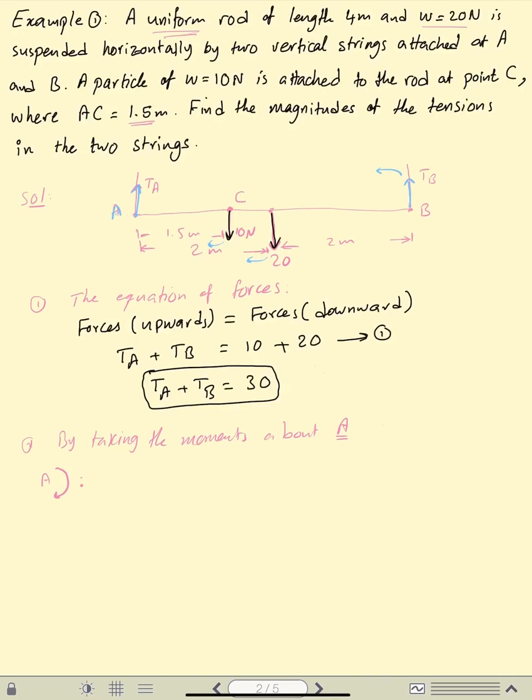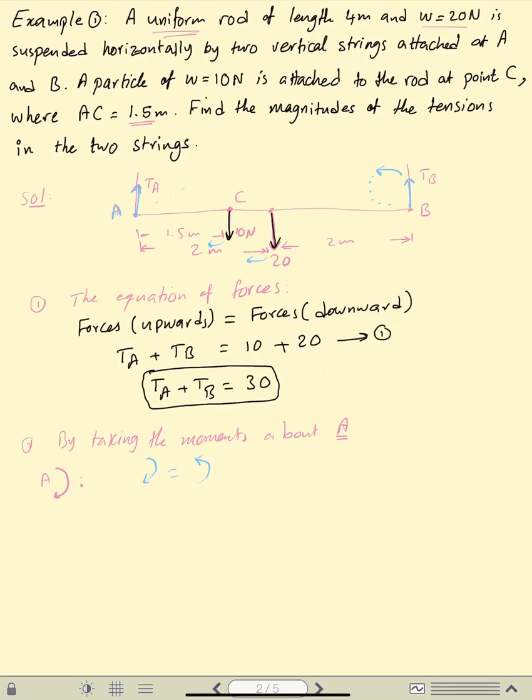So what do we do now? Clockwise moments is equal to anti-clockwise. Simple like this. What's the moment clockwise? Only TB in this question. TB is clockwise about A. Yes?